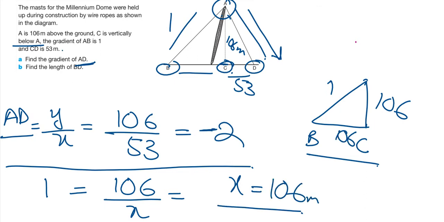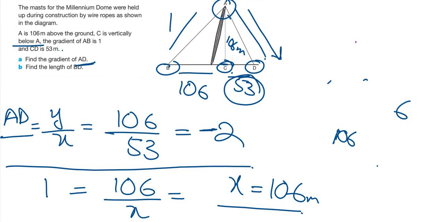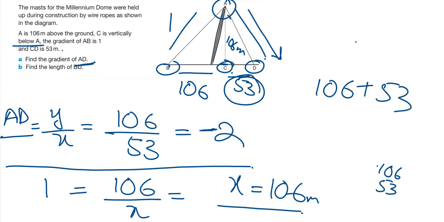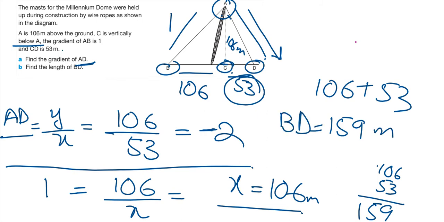So this will also be equal to 106. And now we have the 53 length. We have to total this all up, and we will find the value of BD. 106 added to 53, that's 159. So 159 is the total length of BD. It's quite simple.